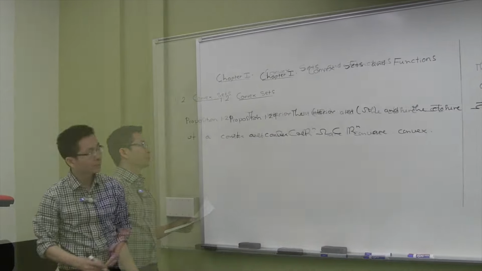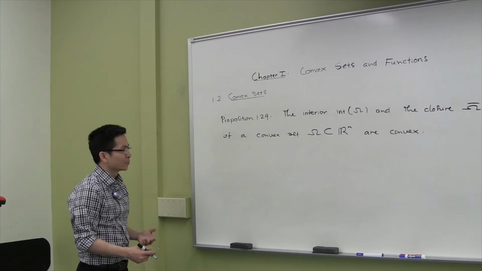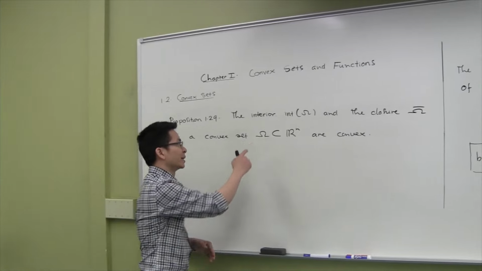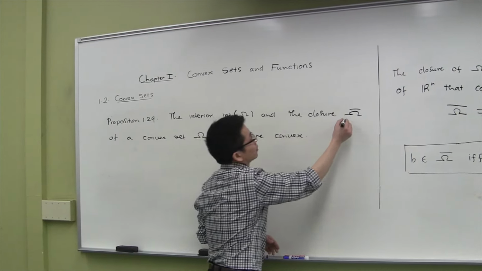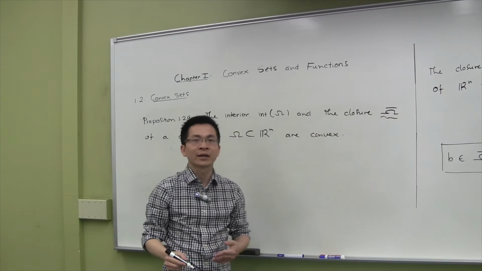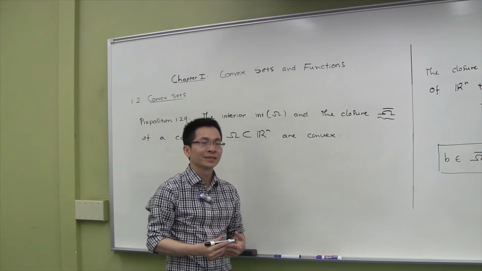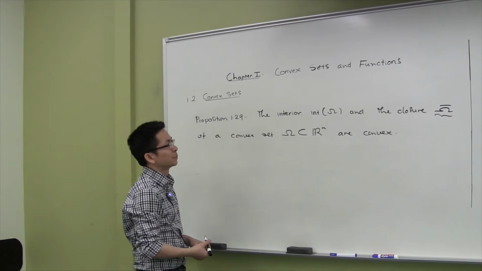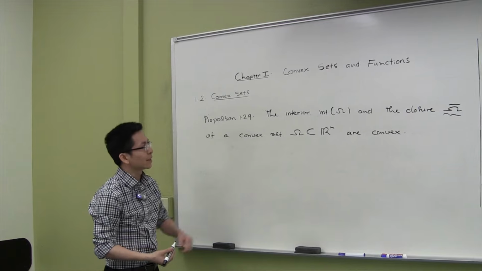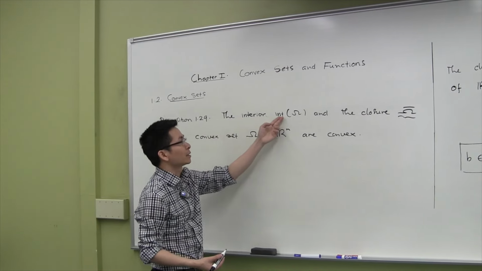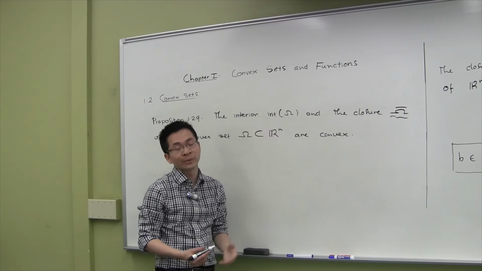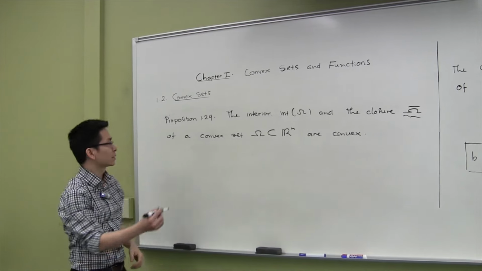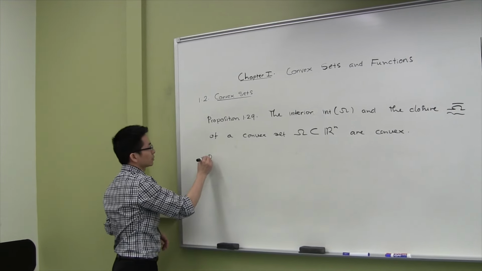Okay. It seems that the proof that if omega is convex, then the closure of omega is convex, that part seems to be simpler, so I'm gonna prove it first, and then I'm gonna show that the interior of omega is convex later. Okay, so the proof goes as follows.